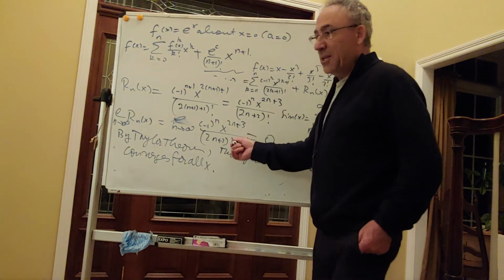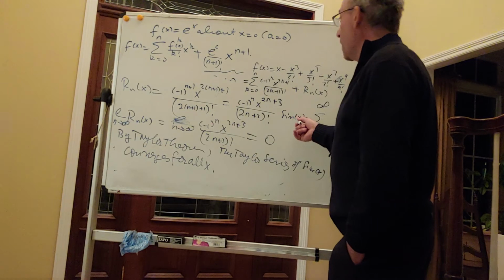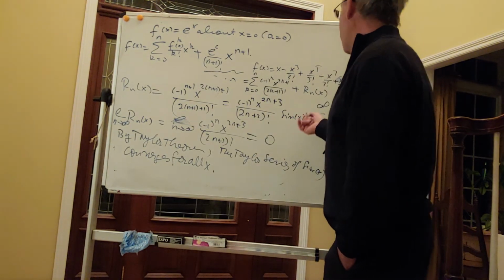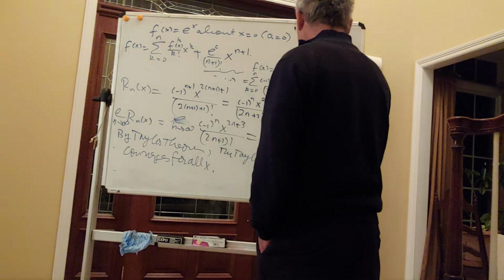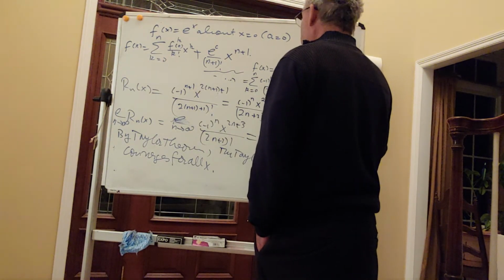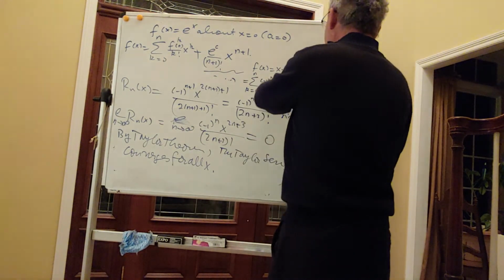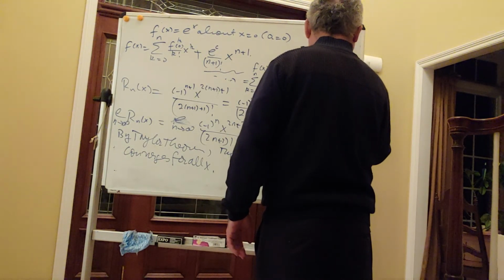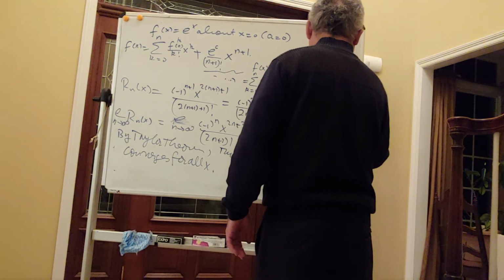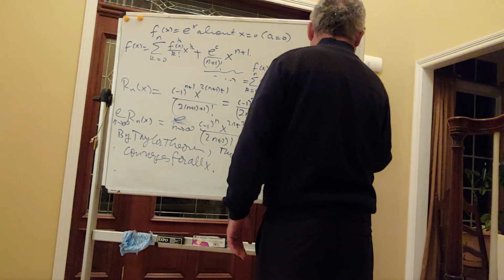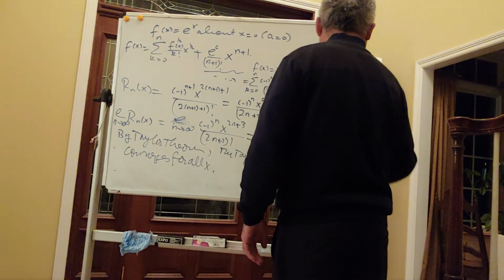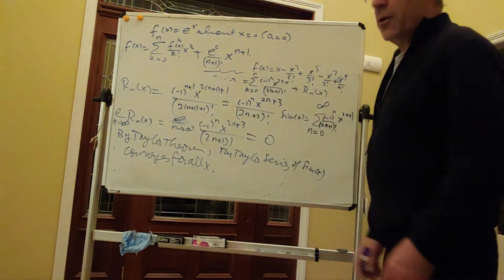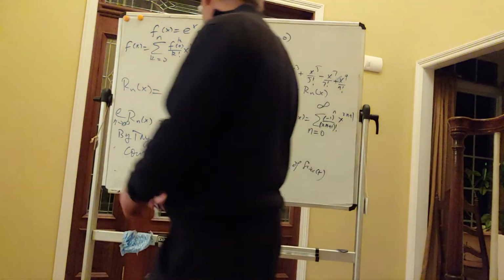Once we show the limit is 0, then we can write the Taylor series at 0, which is the Maclaurin series. And this is going to be the sum of minus 1 to the n over 2n plus 1 factorial, x to the 2n plus 1. So that converges for all x. So you see what we did?